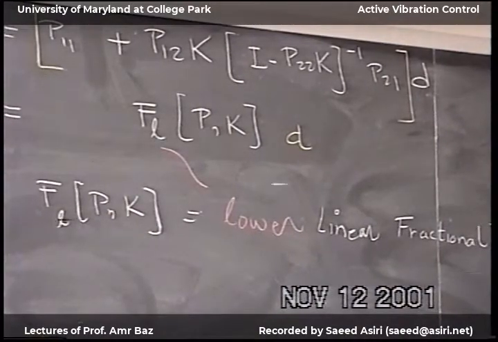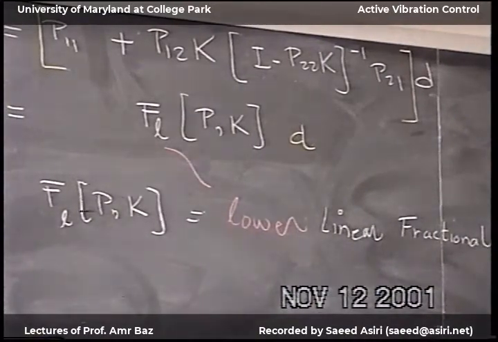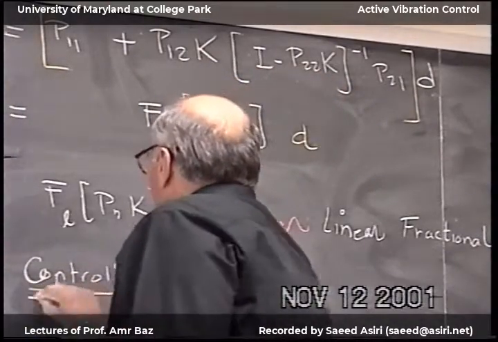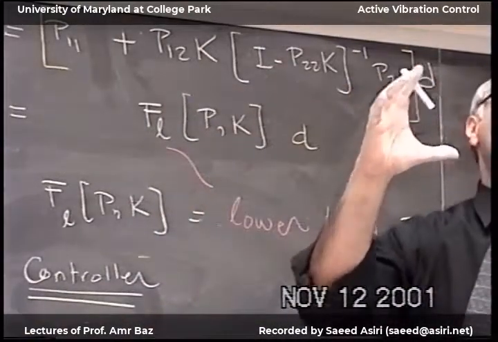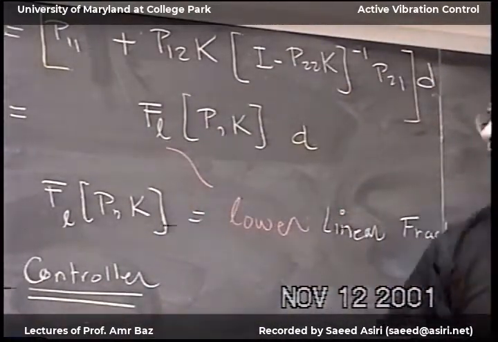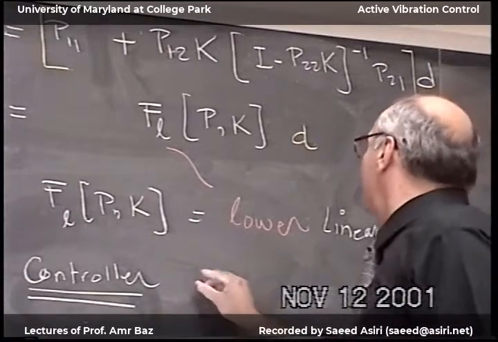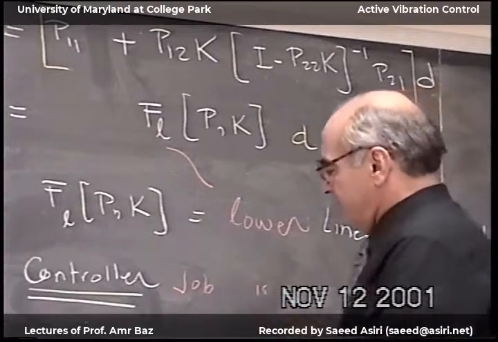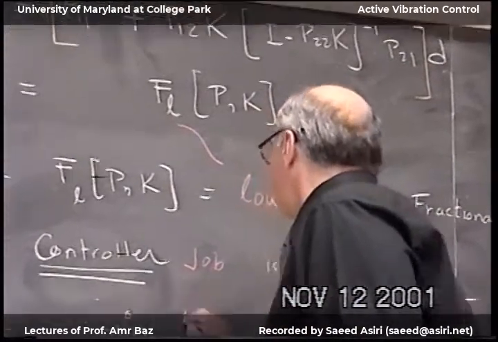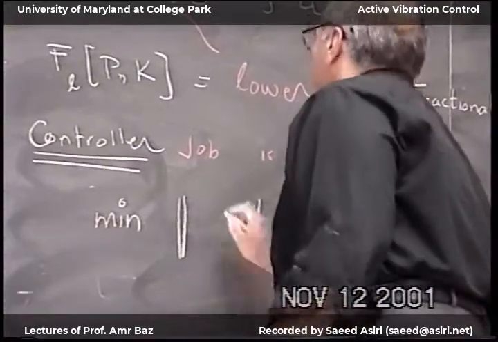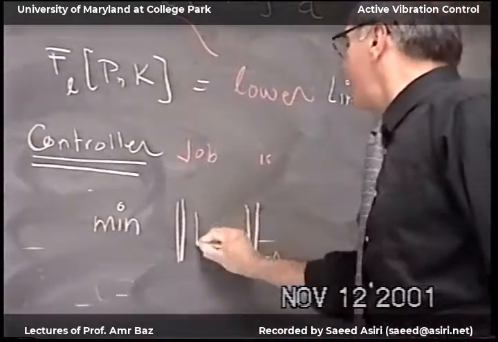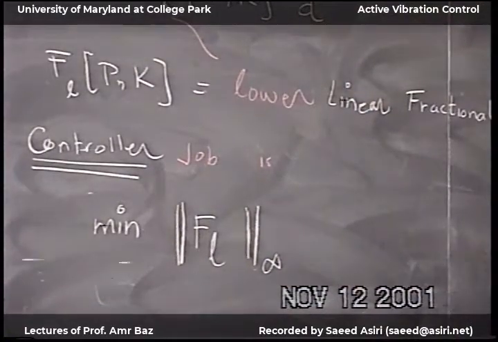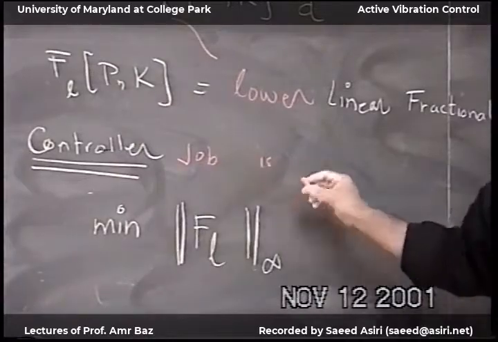Now the purpose of the controller, and the controller here is everything, the estimator plus the H infinity controller. The controller's job is to minimize the infinity norm of this fractional transformation matrix.